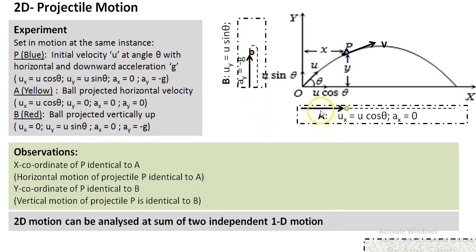What are these motions again? In X motion, the A particle will have velocity and acceleration, which is x component of initial velocity and acceleration of P, and particle B will have initial velocity and acceleration same as y component of initial velocity and acceleration of P.